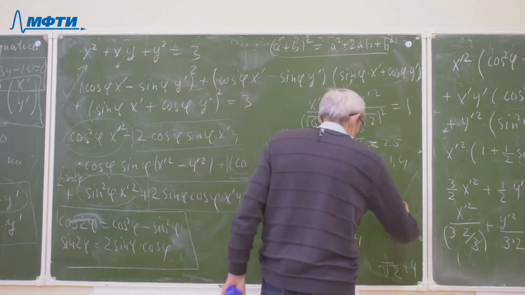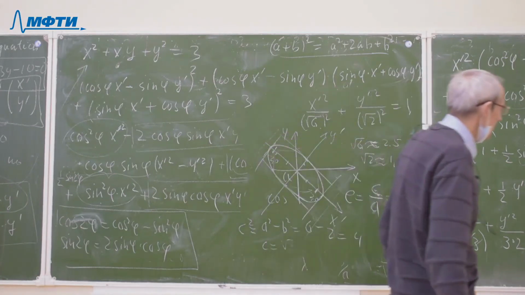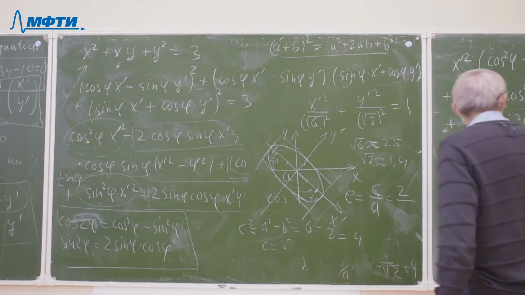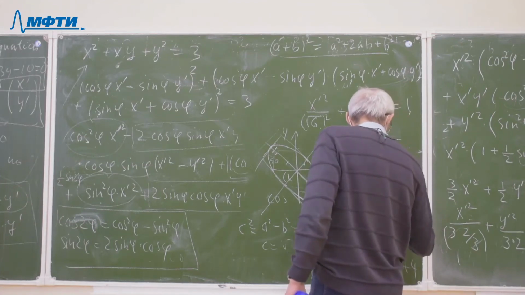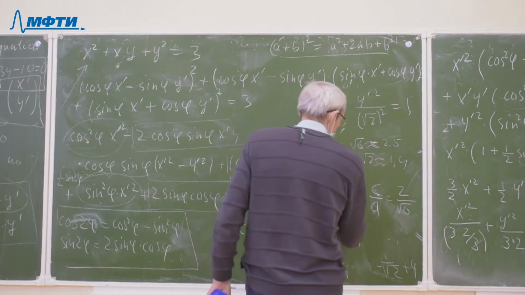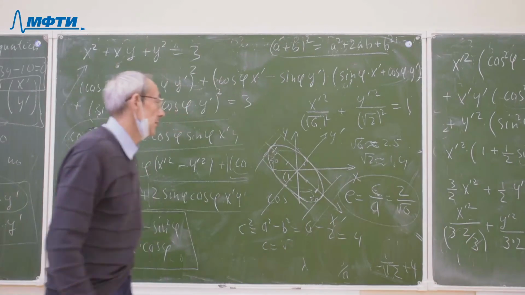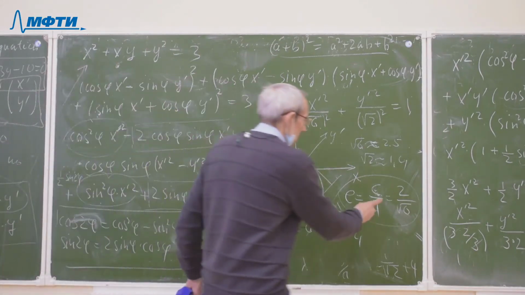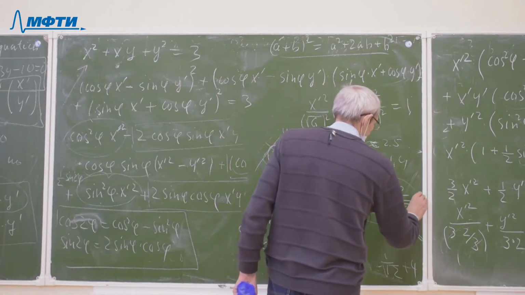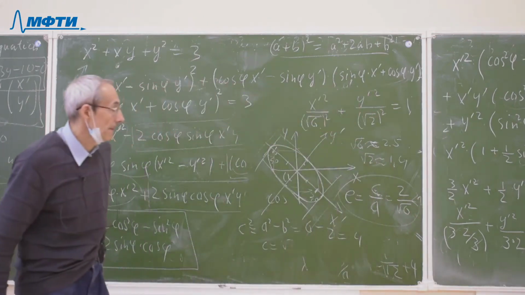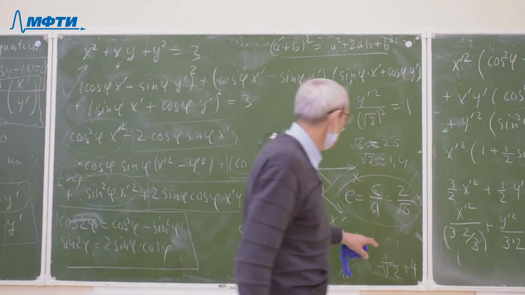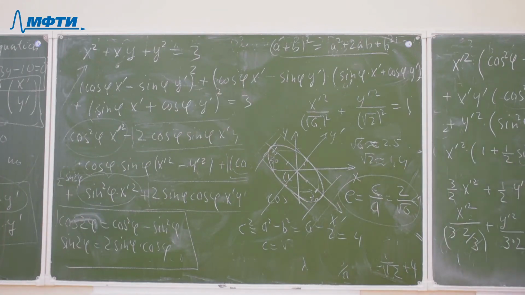C is equal to root 6, and eccentricity is equal to root 2 over root 6, less than 1. I'm sorry. We change this value: b is equal root 2, a is equal root 6.